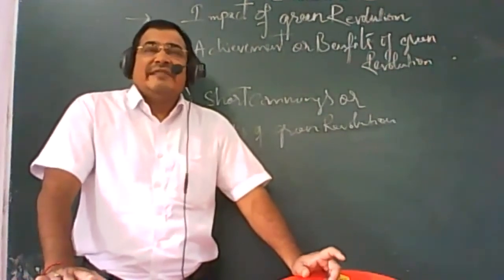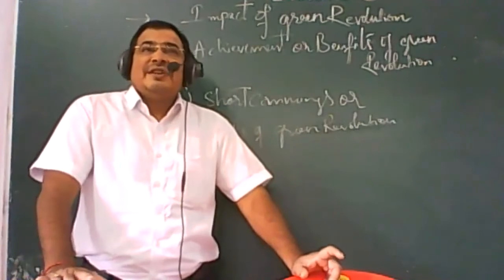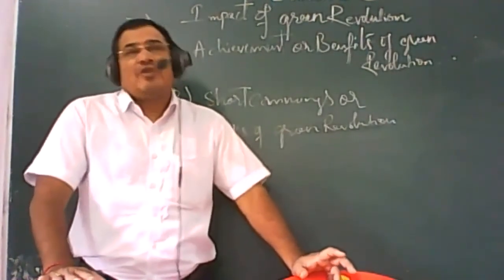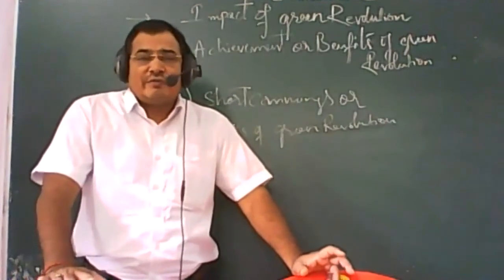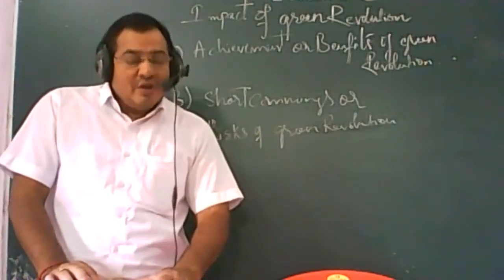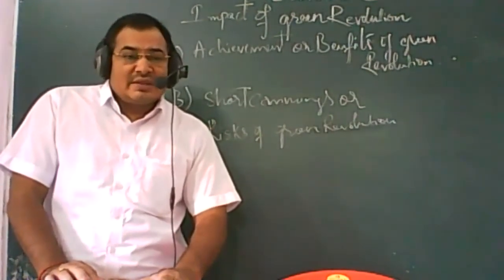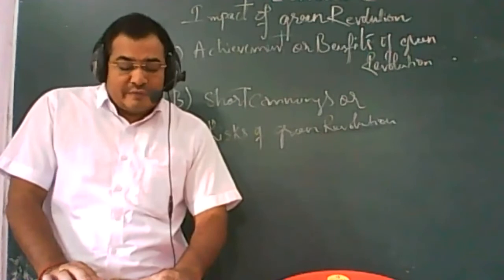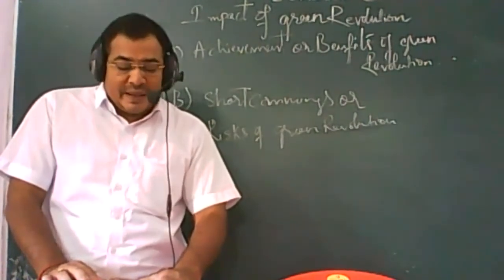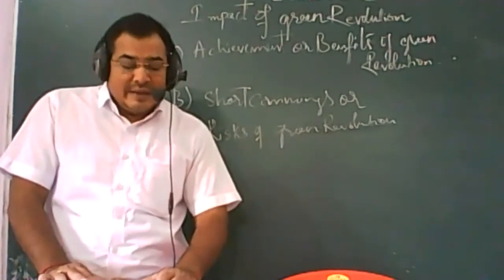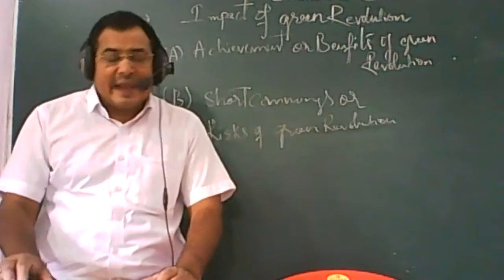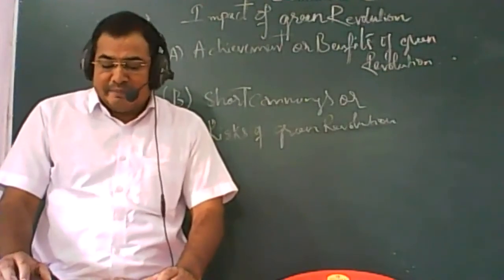So in this way, there are some good features of the green revolution, and in the same way, there were some features which were not good for the Indian economy. So you can know what the shortcomings or risks of the green revolution were: it was restricted to limited crops and areas and widened the gap between rich and poor.